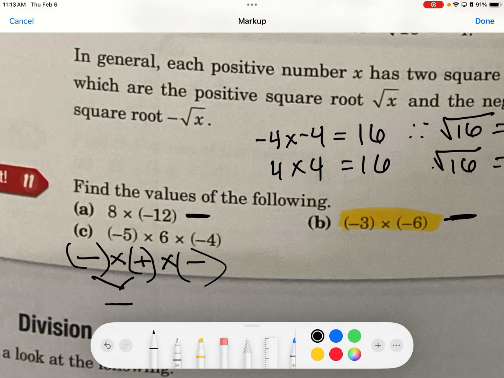So it would be -5 times 6 times -4. Yeah, so when we multiply a negative and a positive, when the signs are mixed, we end up with a negative number. And then we're going to multiply that by the existing negative number, and we get a positive number. Wait, let me figure it out.